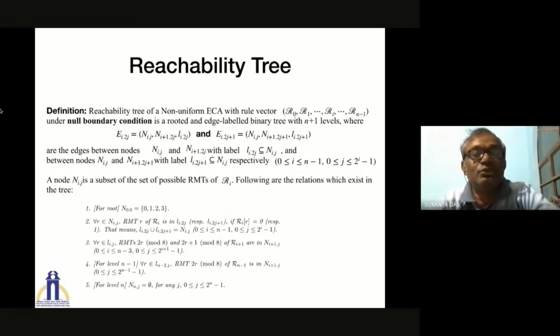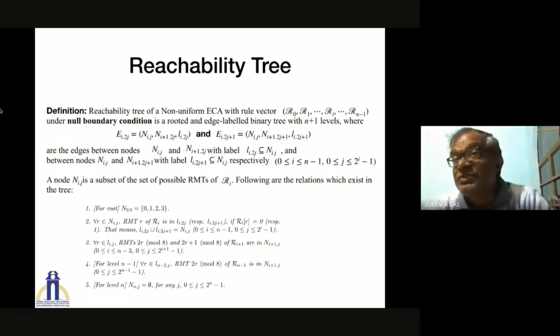That is about point number 2. And point number 3 is saying how, from the level, I can get the next level nodes. And point number 4 is important.